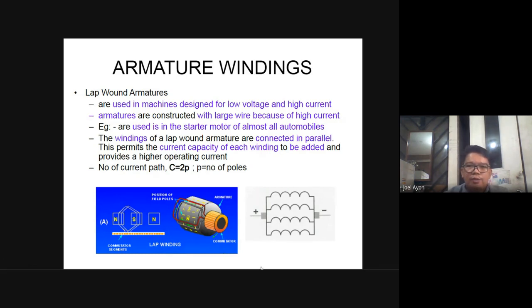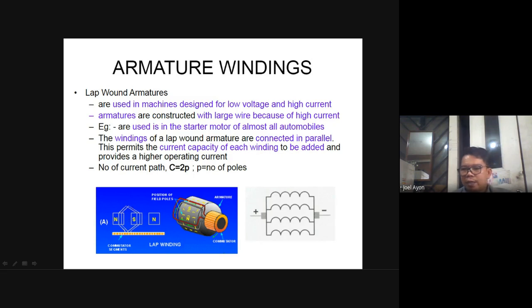So, the starter motor has very high current. That's why usually the design of the starter motor of all automobile engines is lap-wound armatures.